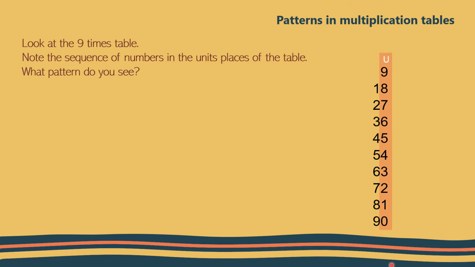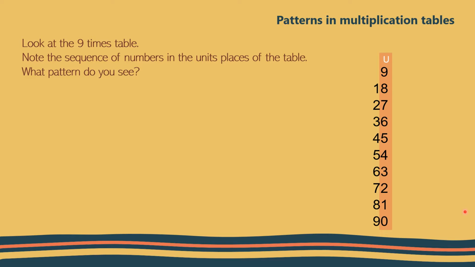What pattern do you see? So students, this is the unit place and what type of pattern can you see here? 9, 8, 7, 6, 5, 4, 3, 2, 1, 0. Each digit is 1 less than the previous digit.